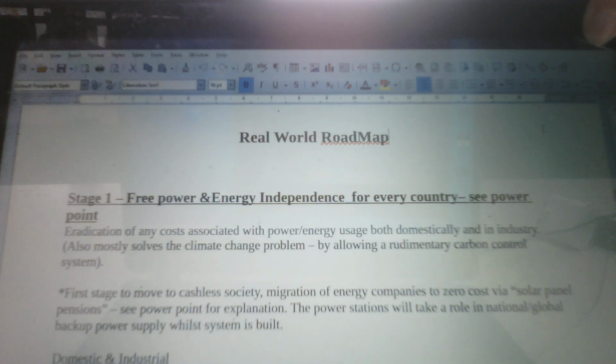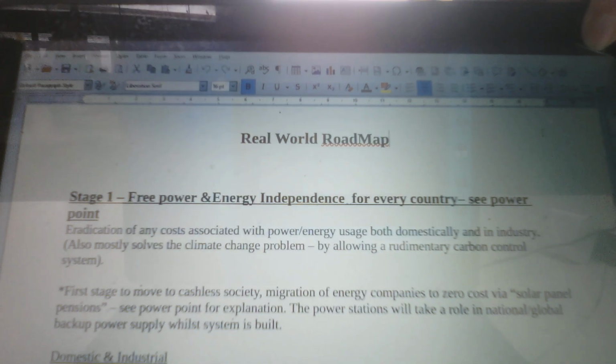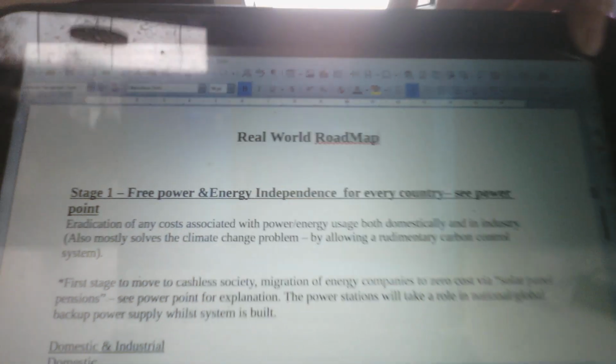So stage 1, this is the real roadmap for the entire world, for a country or the world, basically.